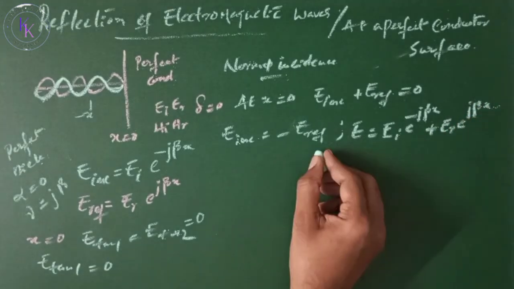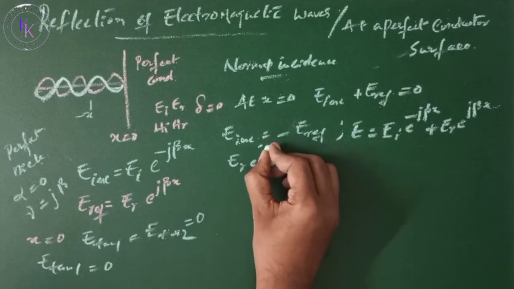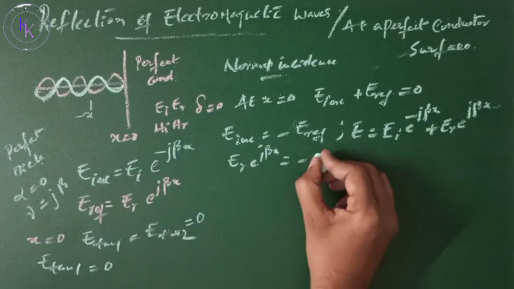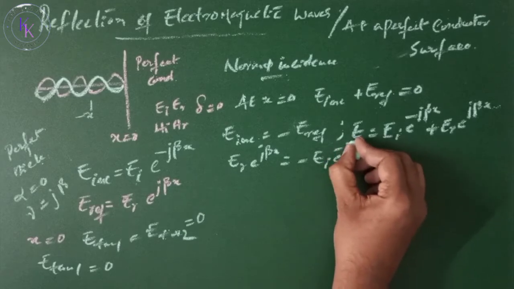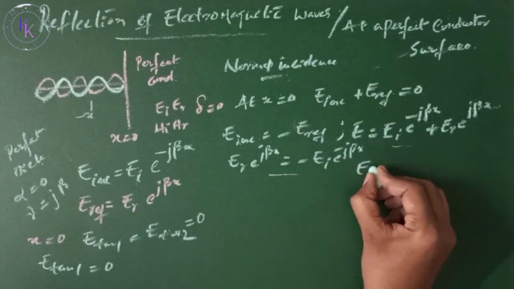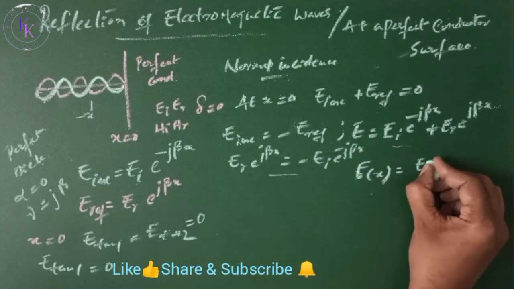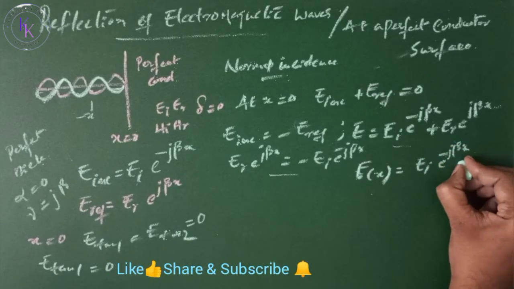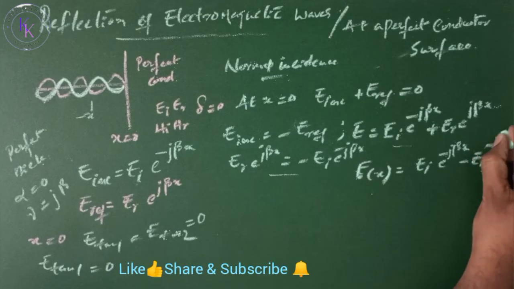We know that Er e to the power of j beta x equals minus Ei e to the power of j beta x. Now substitute this, and generalizing, E of x equals Ei e to the power of minus j beta x minus Ei e to the power of j beta x.